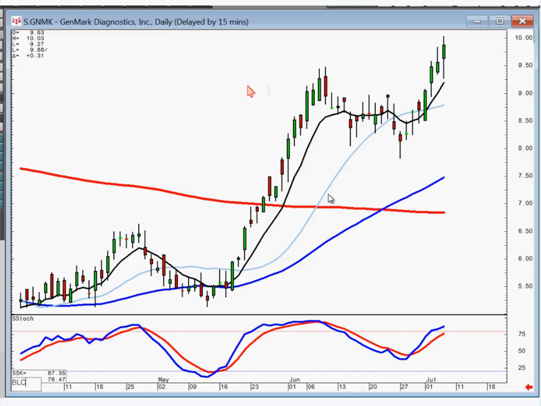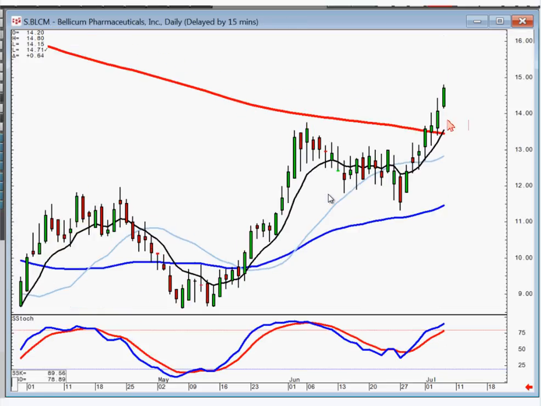We recommended BLCM the other day, very simply, because it broke out of our fry pan bottom. And where was the breakout? Right about here at the 200. And what type of signal was it creating? A doji sandwich right at the breakout level. So what do we know about the makeup of a doji sandwich? Simple.